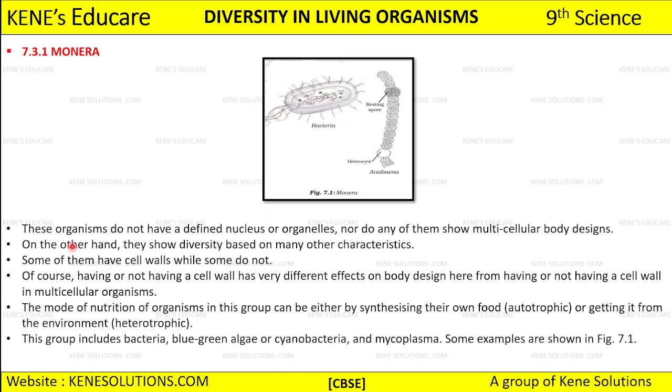After that we started with Kingdom Monera, where we saw that it has all the organisms that do not have a well-defined nucleus, do not have organelles, nor do they show a multicellular body design.